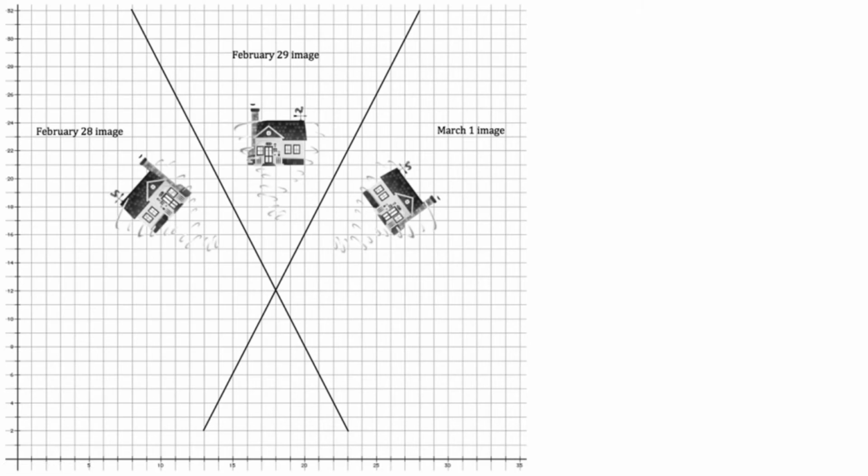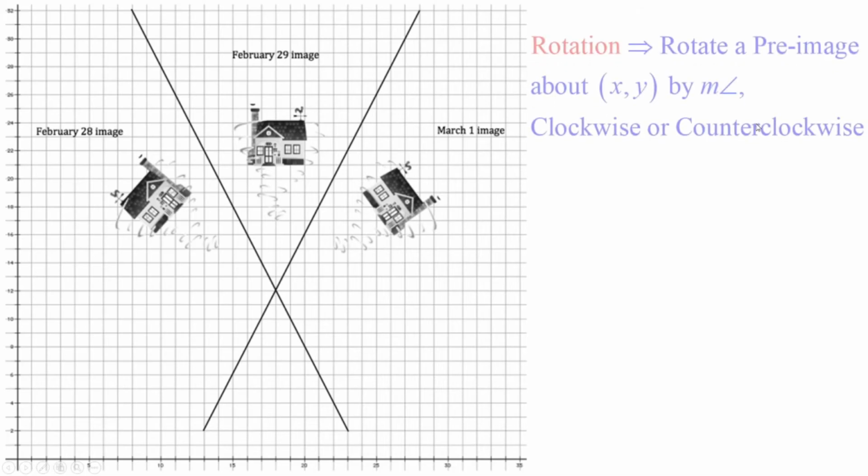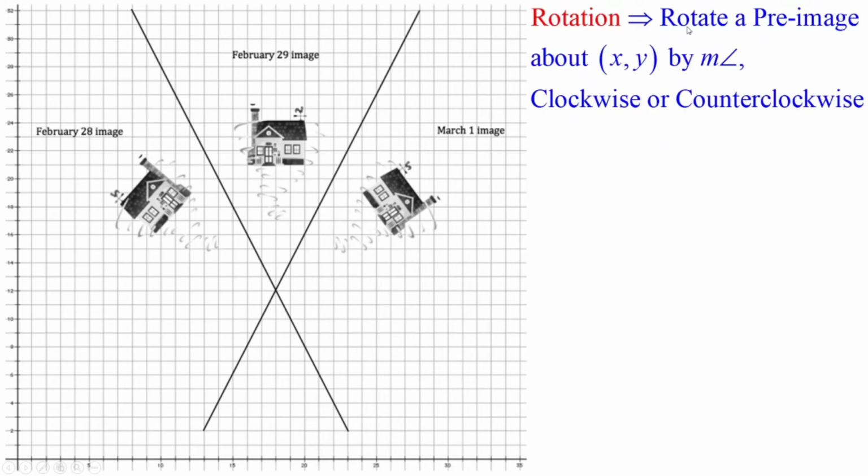It really does. And in fact, if we reflect over 2 lines, that is equivalent to, do you see where those 2 lines intersect? Right there. A rotation about that point.